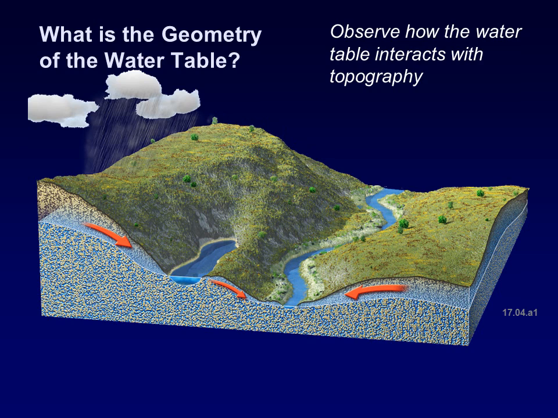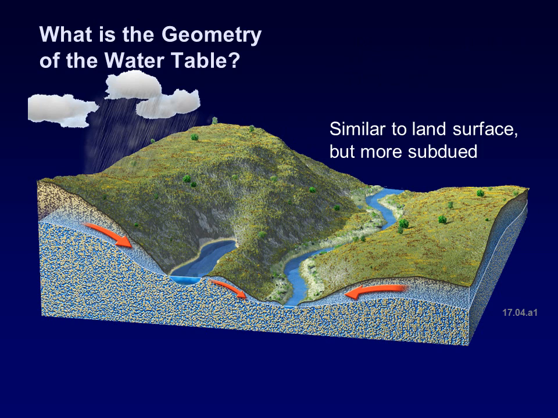How and where does groundwater flow? So taking a look at this picture, I want you to describe how groundwater flows. The arrows show the direction of groundwater flow. The water table has a similar shape to the land surface, but is more subdued. So what I mean by that is if you take a look at the left side of this image, that hillside may be at a 45 degree angle.